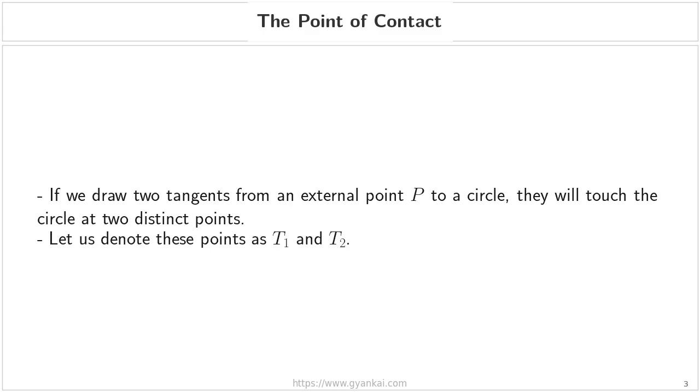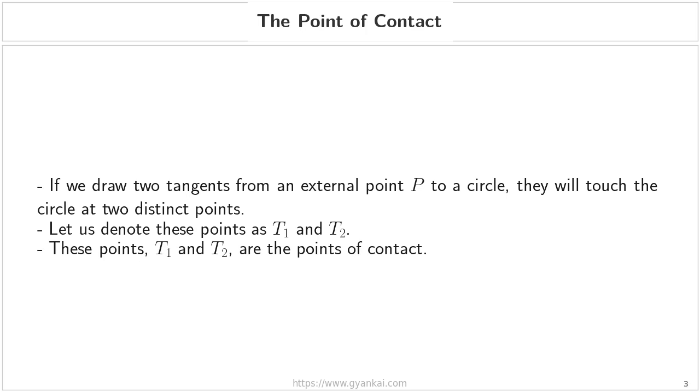To keep our geometry organized, let's give these two specific locations names. We will denote the first point as T sub 1 and the second point as T sub 2. It is very important to remember that both of these points, T sub 1 and T sub 2, are what we formally call the points of contact. In the next slide, we are going to look at how we measure the distance between point P and these specific points to define the actual length of the tangent.